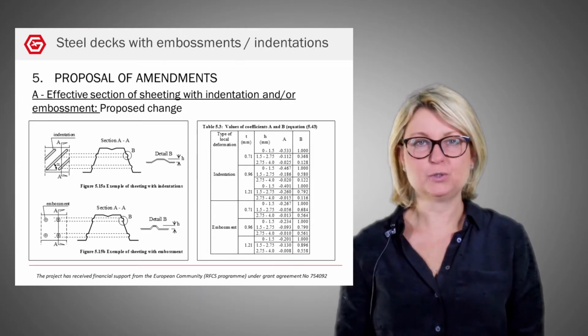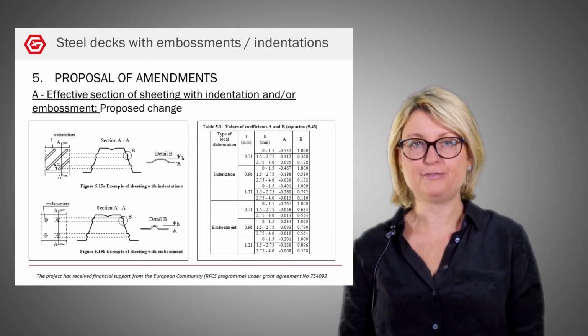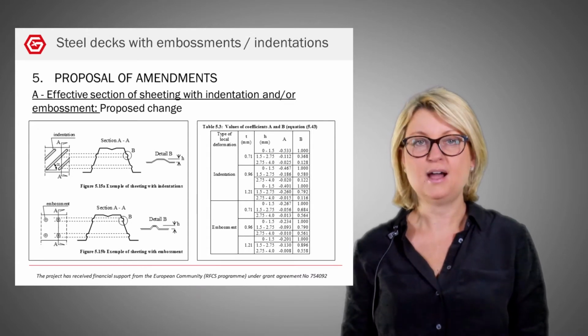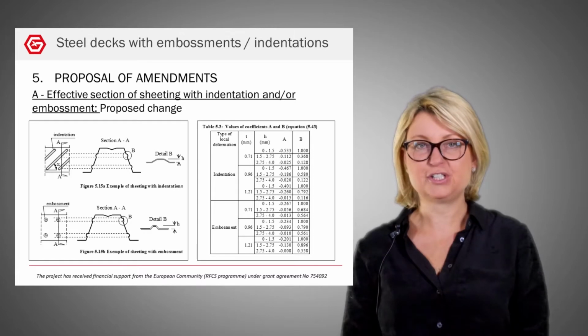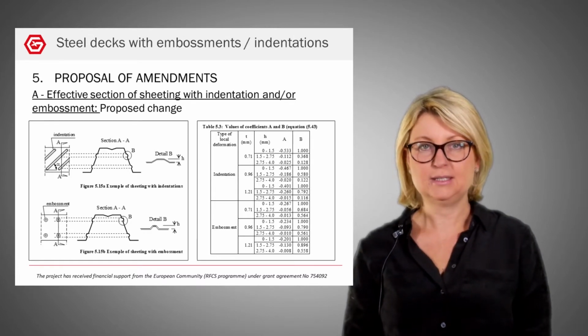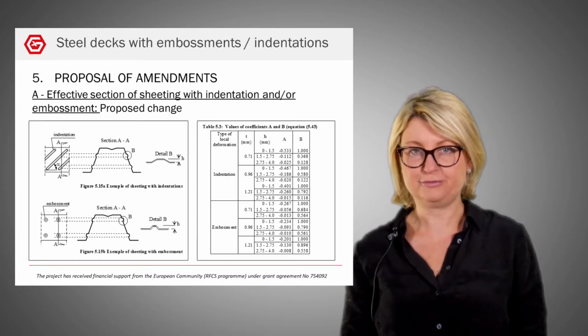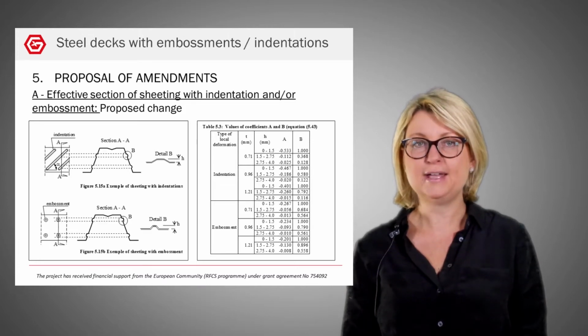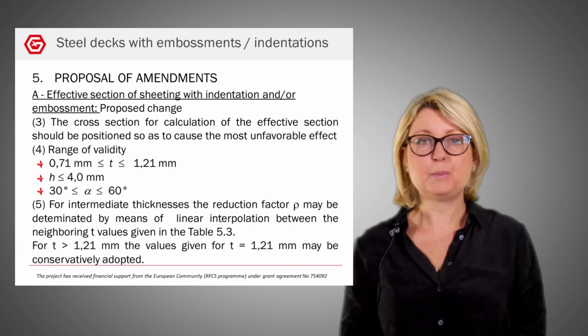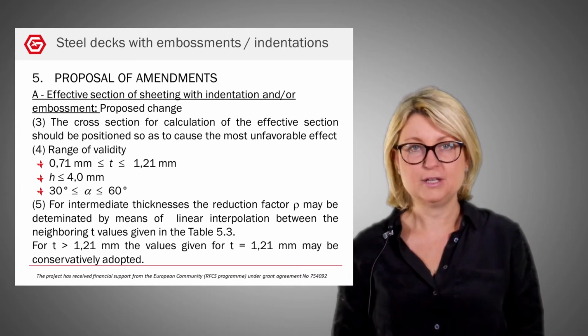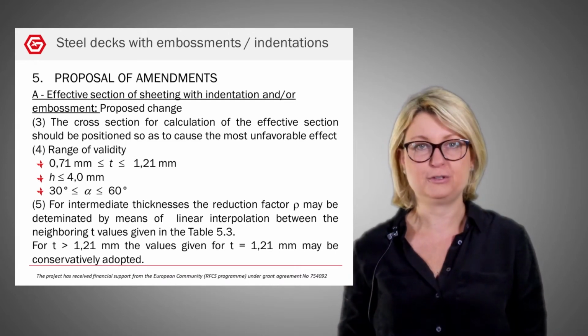On these pictures, we can see how the height of embossments and indentations is defined. We can also see the coefficients A and B depending on the height of embossments and indentations and on thicknesses. This proposal also defines the range of validity of the method.